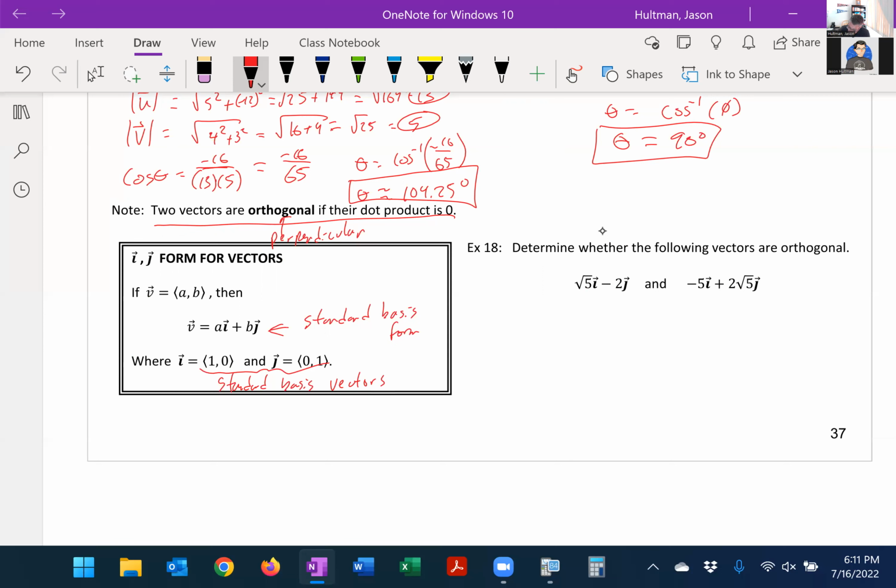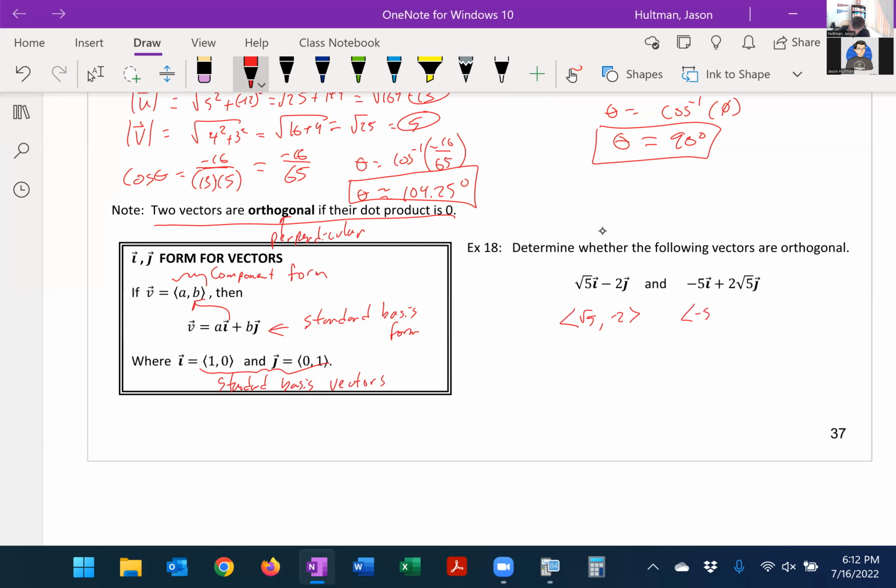Okay, determine whether the following vectors are orthogonal. So let's just change these from standard basis form back to component form. Call this component form. To go back to component form, we just drop the i's and j's, and we get radical 5 and -2 for that vector.